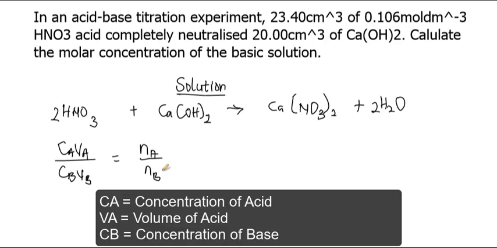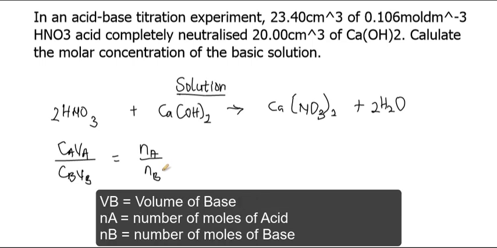Ca is the concentration of the acid used, Va is the volume of acid, Cb is the concentration of the base, Vb is the volume of base, while Na and Nb are the number of moles of the acid and base respectively, which can also be referred to as mole ratio as earlier said. And this is usually gotten from the chemical equation, a balanced one to be precise.